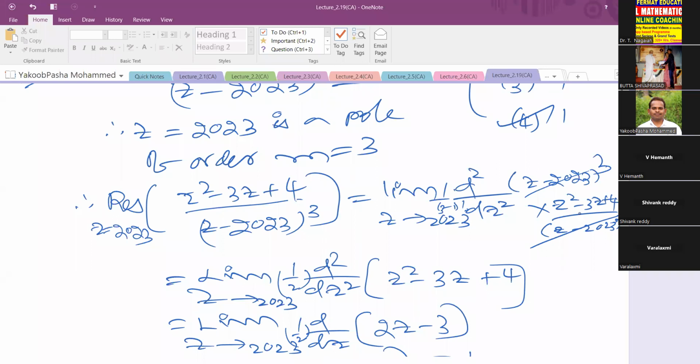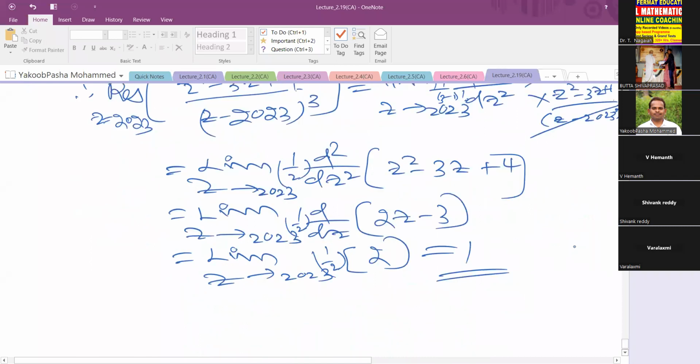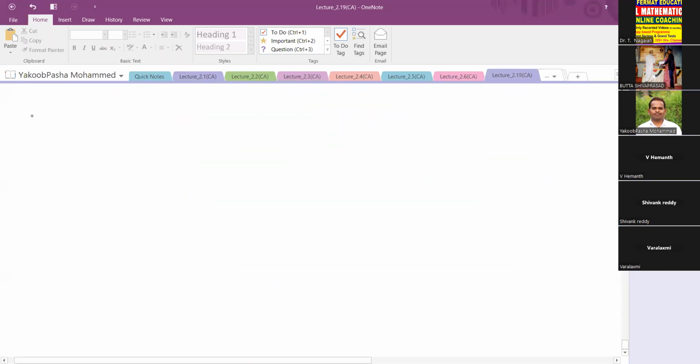The value of the integral, a recent set question of another state, 2022 question.